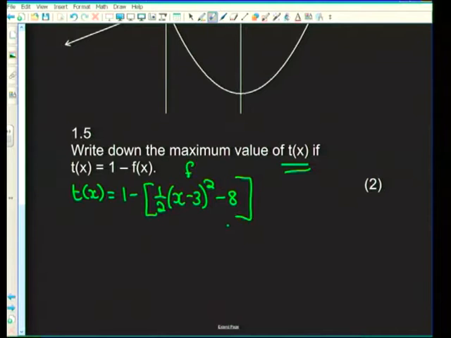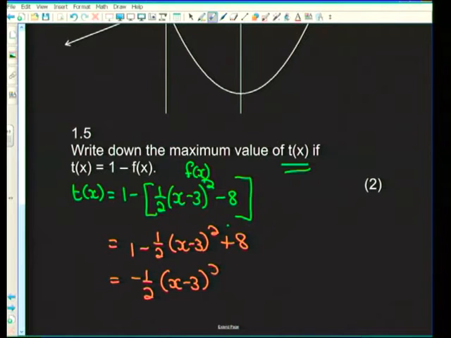Because that was the equation of f of x. Right, now knowing that, we know that this will become 1 minus a half x minus 3 all squared plus 8, which is minus a half x minus 3 all squared plus 9.